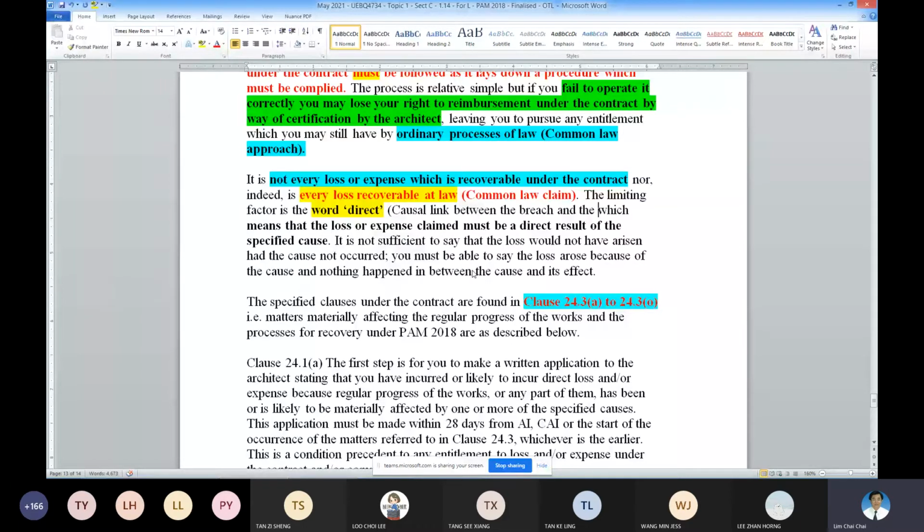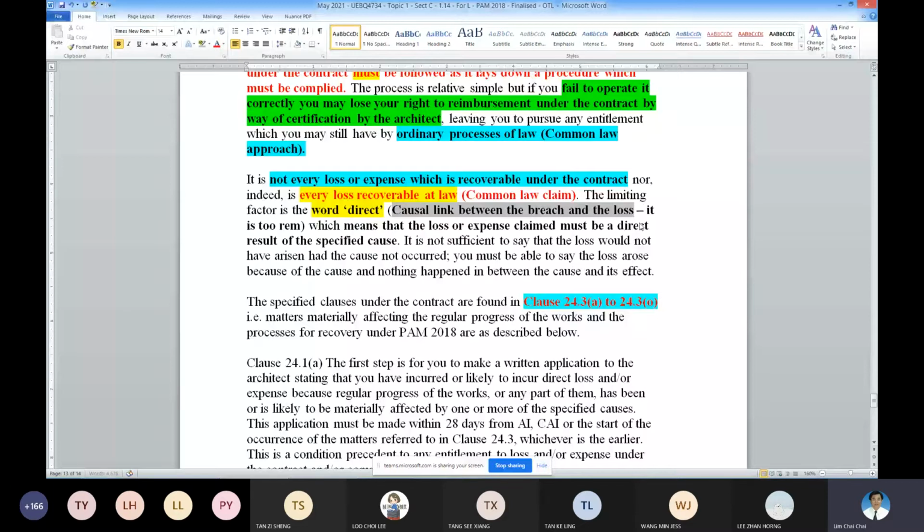If you didn't establish this causal link, as you study under your basic law, your claim is going to be rejected. Why is it rejected? Because the damage is too remote.